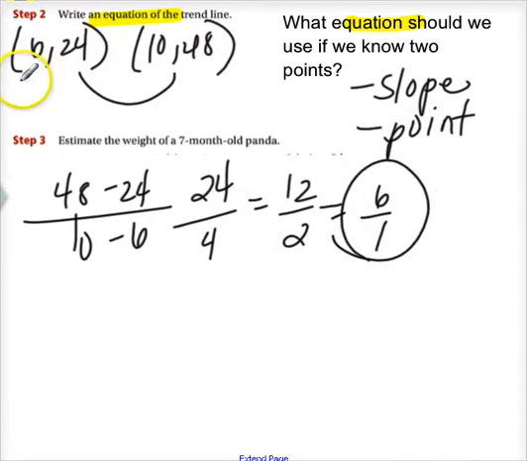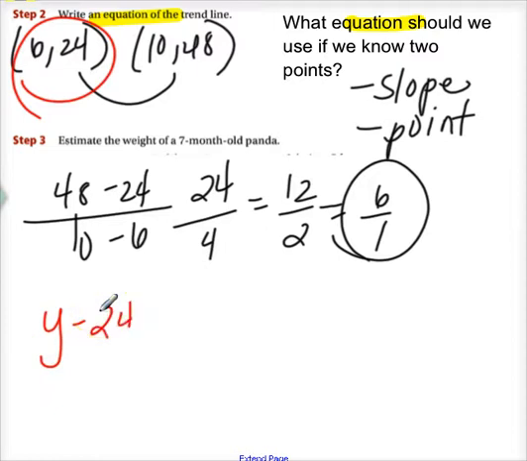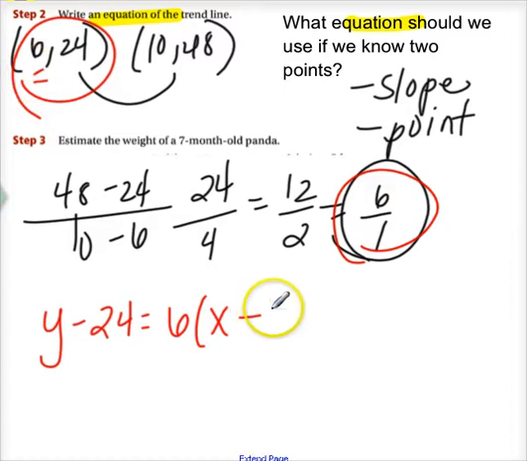Now, using one of the points, it doesn't matter which one, y minus 24 equals the slope times x minus my x value. And then I always want my equation of a line to finally be in y equals mx plus b form. So I need to simplify.